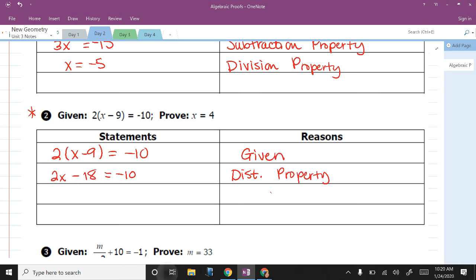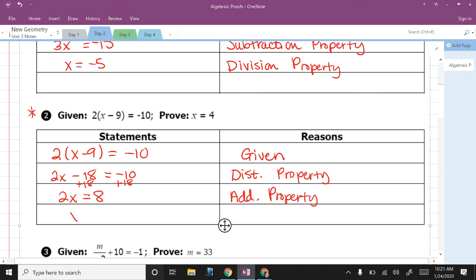Add 18 to both sides. And then we get 2x equals 8. And that was what property? Addition property. And now how do we solve for x? And get x equals, is that what I was trying to prove? Yes. And what was my last step? Division.